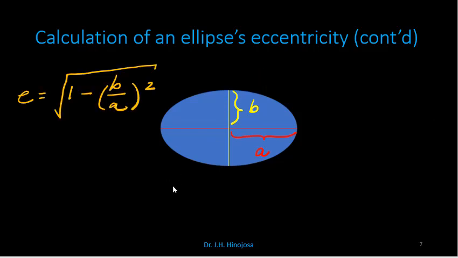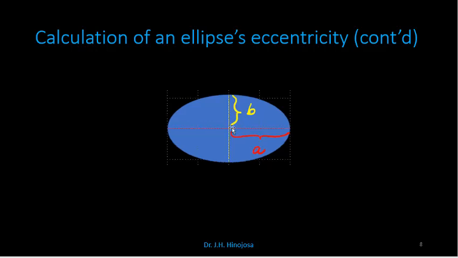The formula that we're going to be using to calculate the ellipse's eccentricity is given as the square root of 1 minus the ratio of the semi-minor axis to the semi-major axis squared. So if we were to look at the units here, we can see that from this point to this point we've got 4 units, 1, 2, 3, 4.